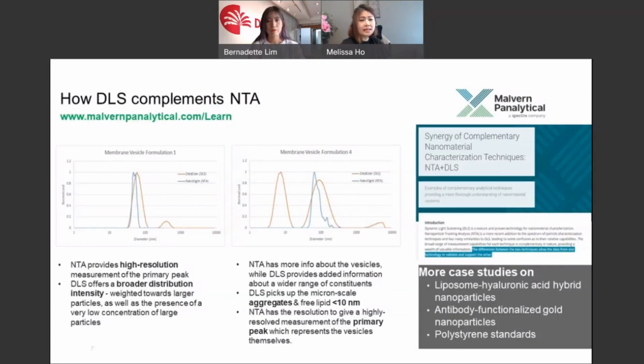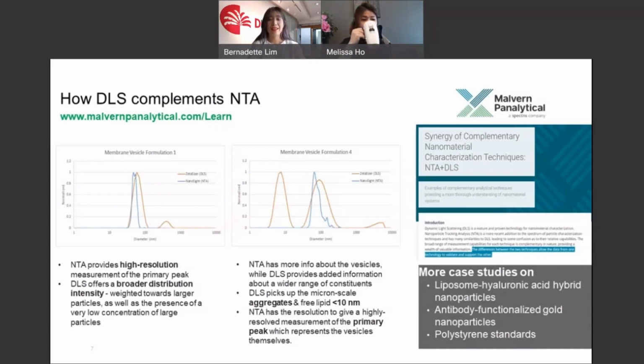It's not to say that one technique is better or another technique has a lot of limitations. It's really about knowing the technique in your sample and what exactly you do want to find out. So like what Mel mentioned earlier, both techniques work complementary to each other.